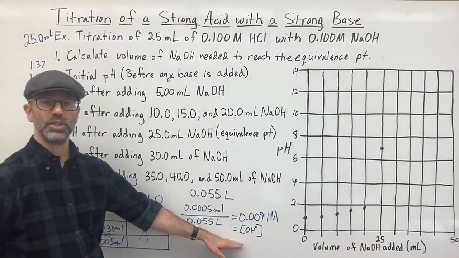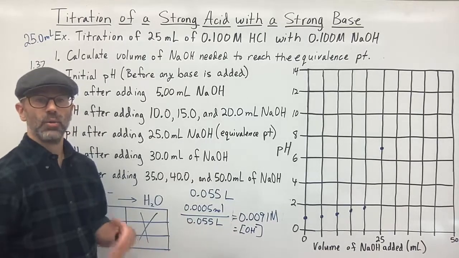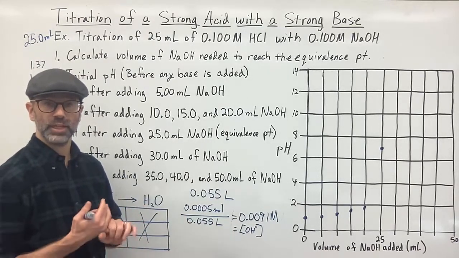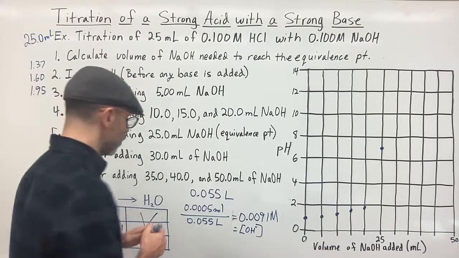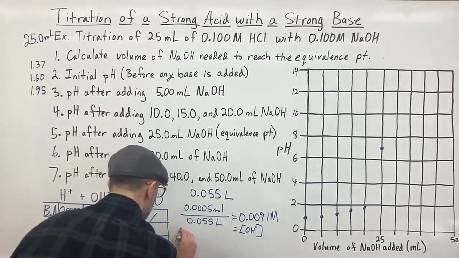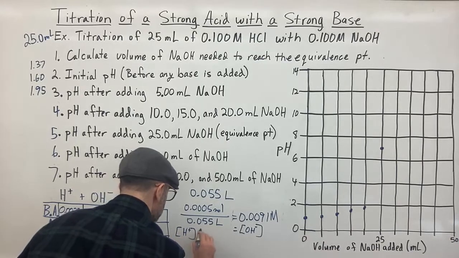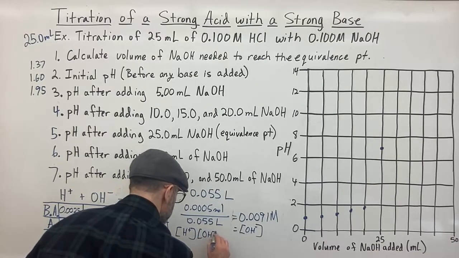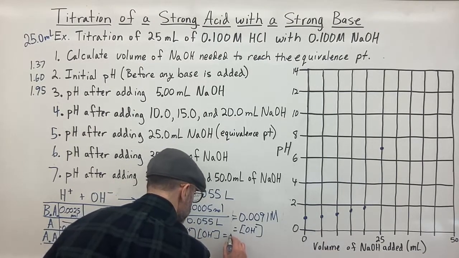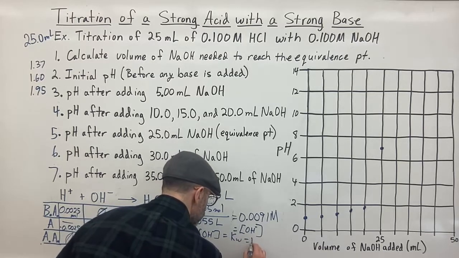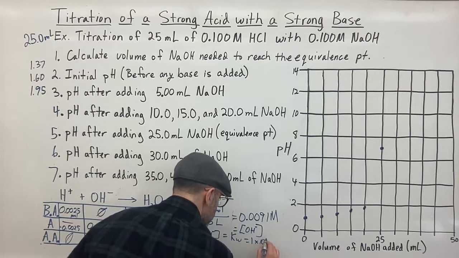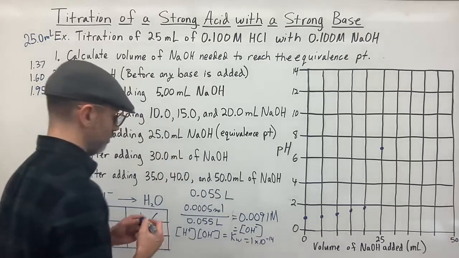Now we have the concentration of OH minus, but we want to figure out the pH. We need the H plus concentration. We know that the H plus concentration multiplied by the OH minus concentration is equal to Kw, which is 1 times 10 to the negative 14.